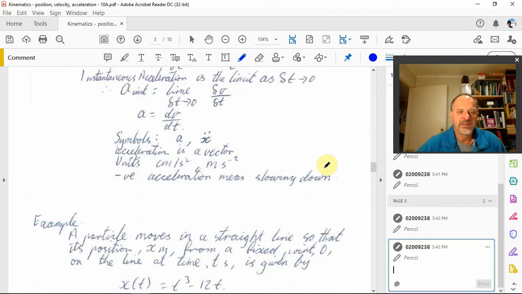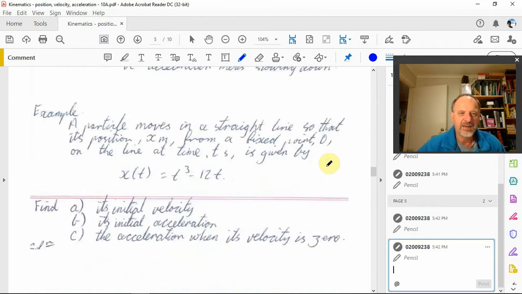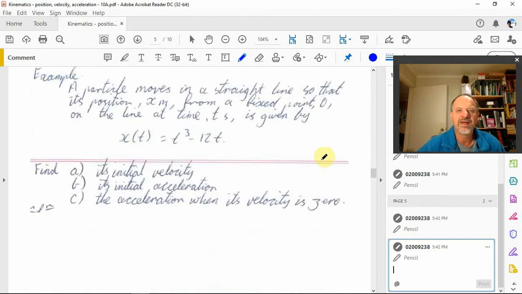All right, let's look at an example. A particle moves in a straight line so that its position x metres from a fixed point O on the line at time t is given by, here it is, t cubed minus 12t. So its initial velocity.